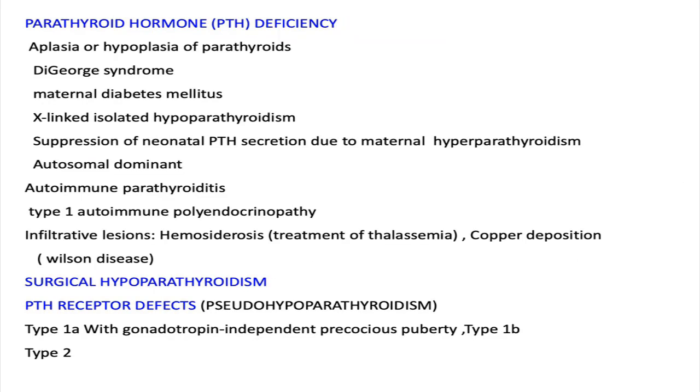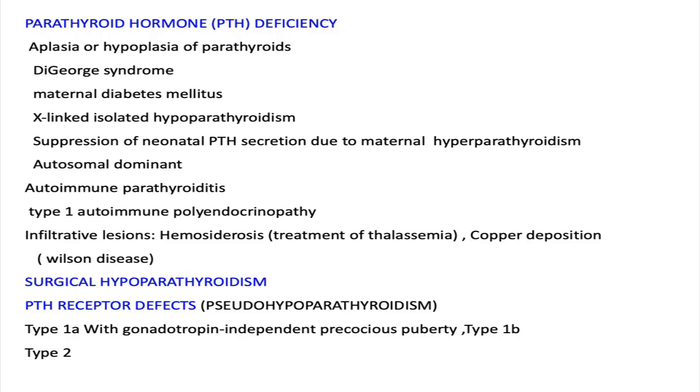Regarding the causes, there is either parathyroid hormone deficiency, which occurs in the form of aplasia or hypoplasia of the parathyroid. There are DiGeorge syndromes, maternal diabetes mellitus, as we said, and X-linked isolated hypoparathyroidism.